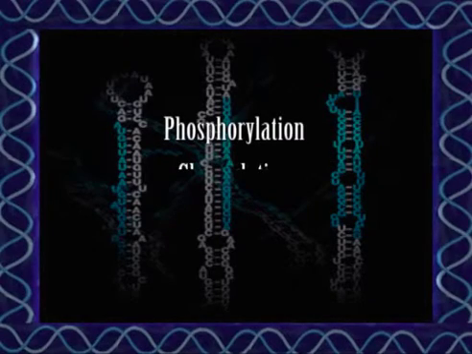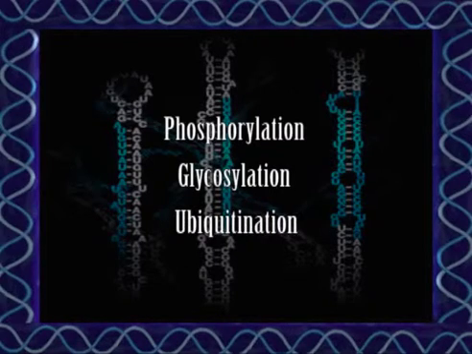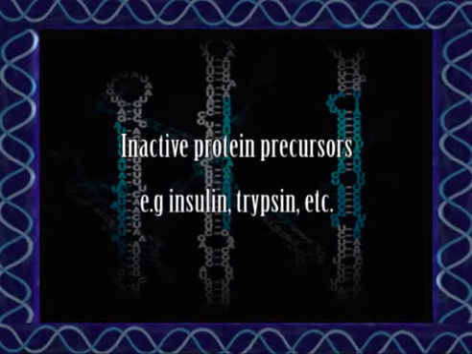The most common chemical modifications of amino acids include phosphorylation, glycosylation, and ubiquitination. The polypeptide backbone itself can be altered. The most common examples concern some large protein precursors which are cleaved after translation to give rise to active forms, for example, insulin, trypsin, etc.